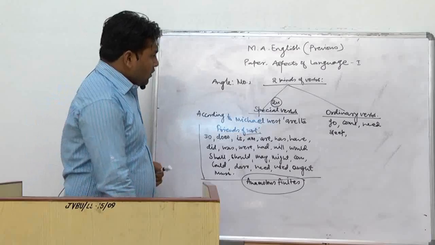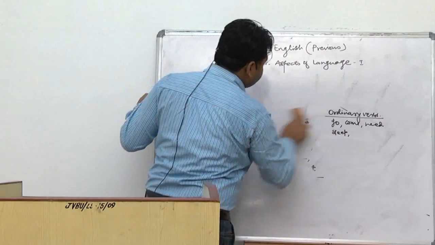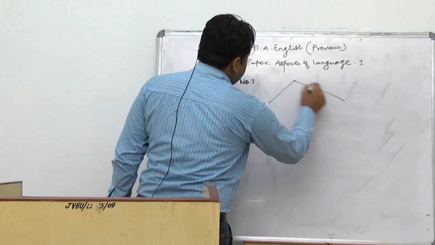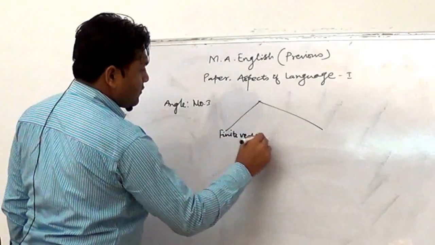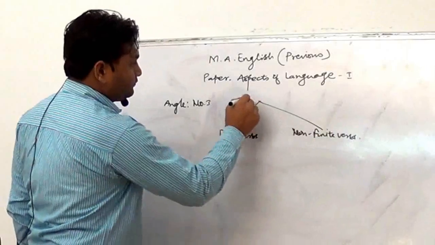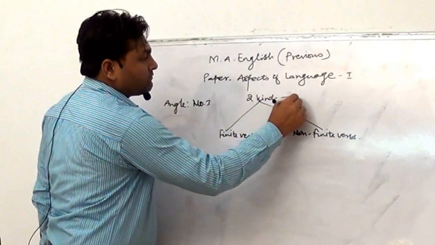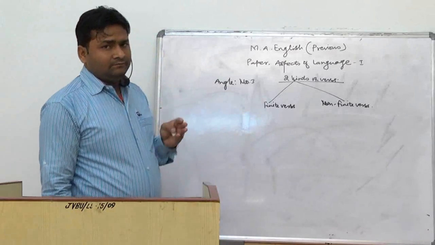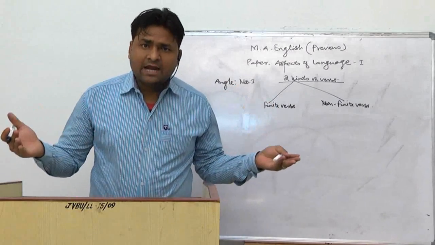Let us switch over to angle number third. As you are aware, in angle number third also, there are two kinds of verbs, and these two kinds of verbs are called finite verbs and non-finite verbs.